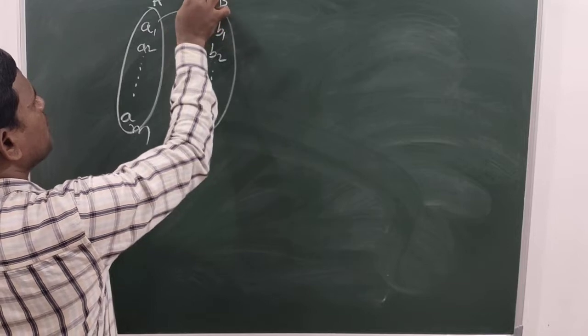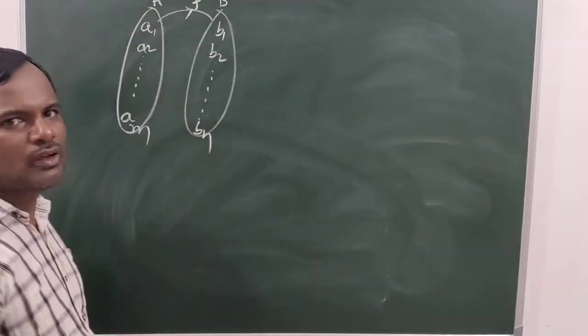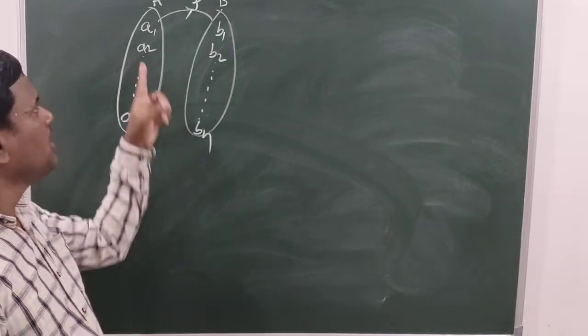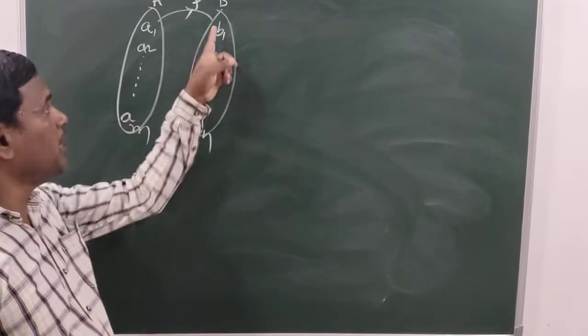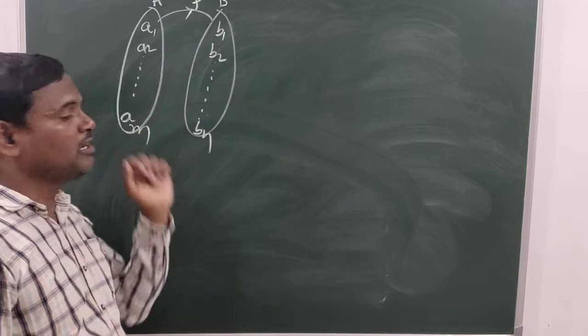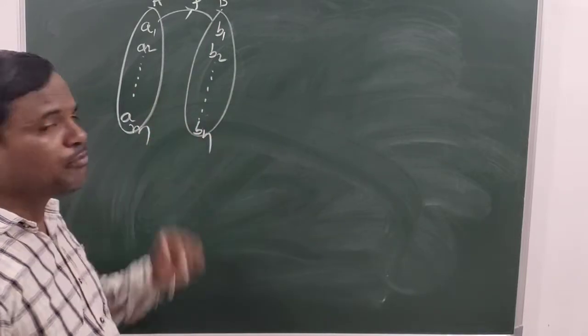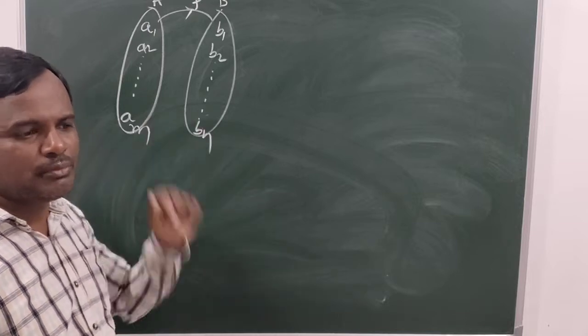Okay, see my question. How many functions are possible from set A to set B? Here set A has m distinct elements and set B has n distinct elements. How many functions are possible from set A to set B? Tell me.